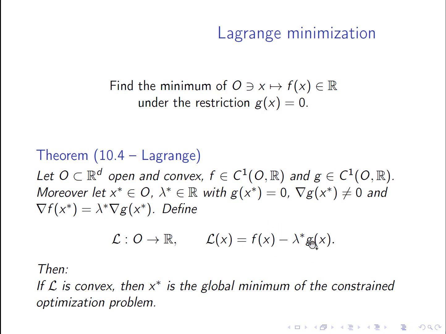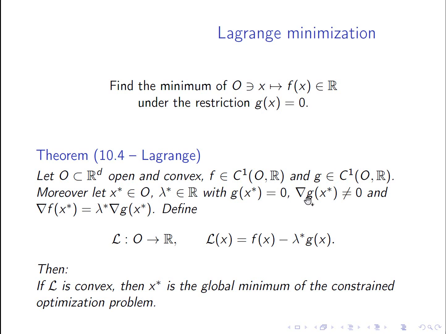Well, we can write down the Lagrange function for this minimization problem in this form. So curly L is actually the Lagrange function, f of x minus lambda g of x. And then this condition here tells us that x star and lambda star are a critical point of this function. Okay, but to summarize, we need an x star which fulfills the restriction.